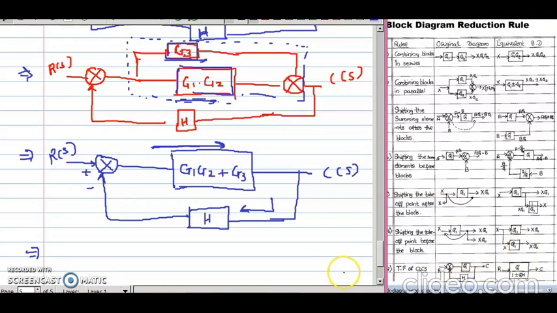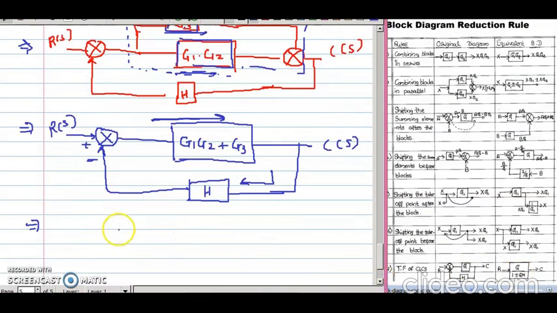Elimination of feedback path, what happens there? With G and H, we can put G upon 1 plus GH, right? See, this is the minus, so our function should be in the plus. So just replace everything using a single block only. G is the forward path. What is the forward path?